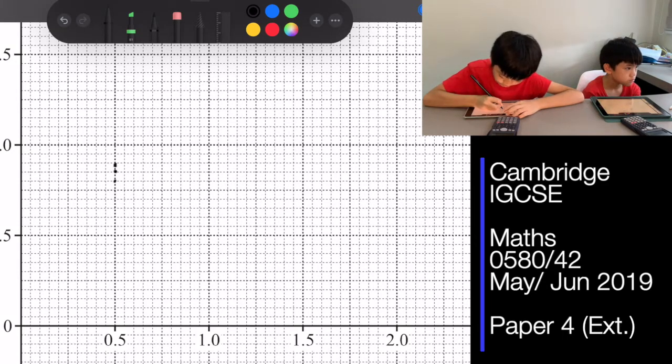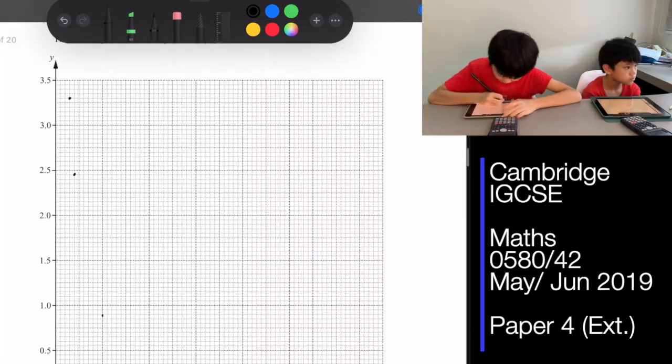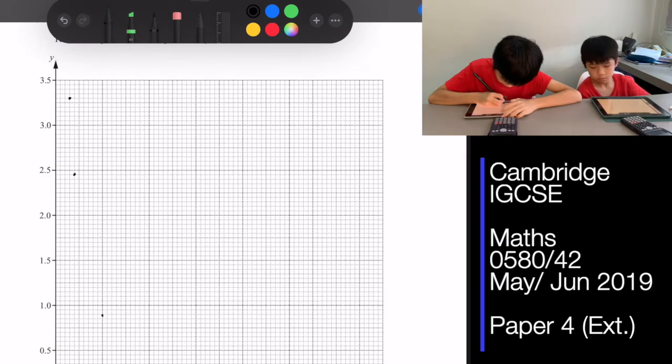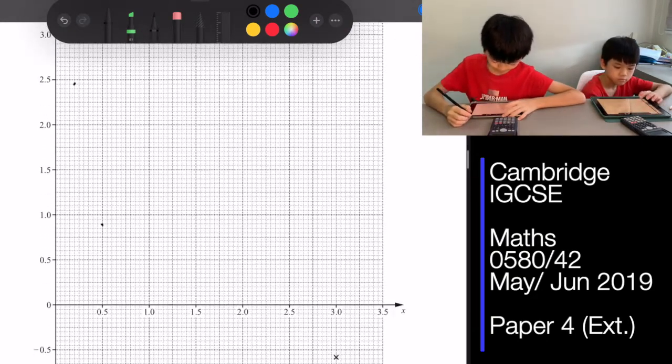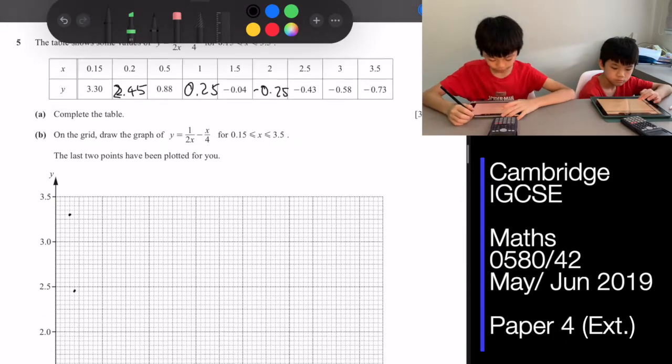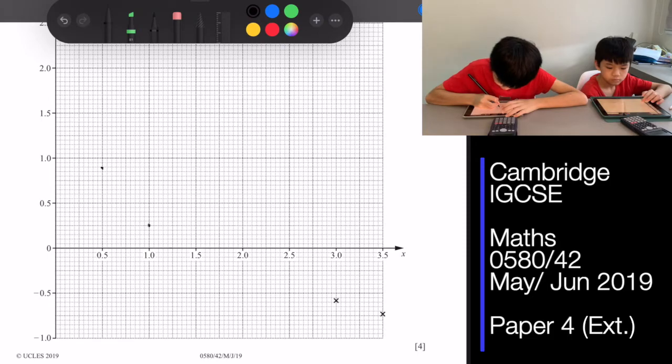Then when x is 1, y is 0.25, just over here.